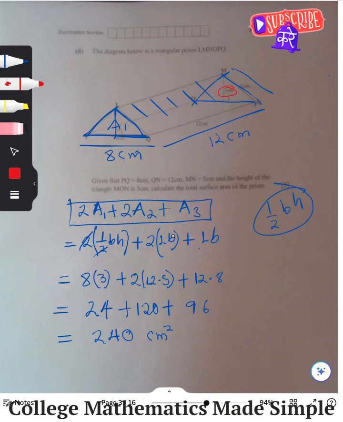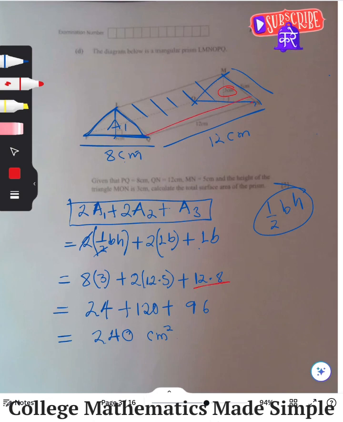Now, the length of this prism is 12, and the slant side is 5 centimeters. So this is multiplied by 5, then plus. Now the area of the base is just going to be 12 multiplied by 8.